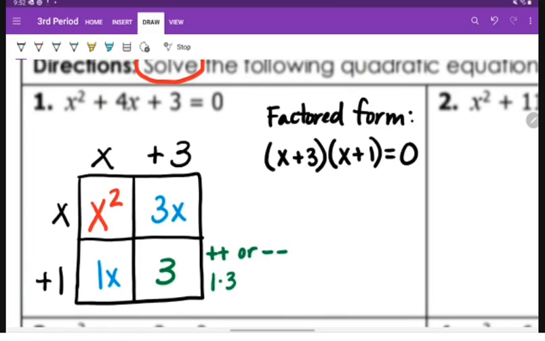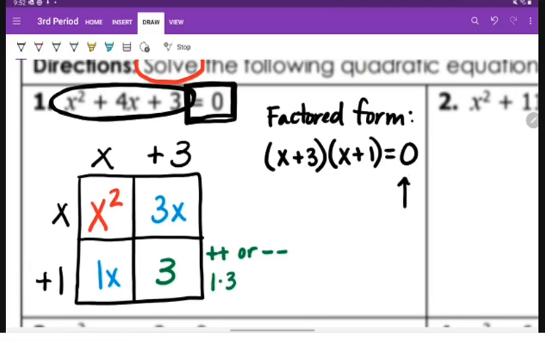So I just took this part of my quadratic equation and I turned it into a factored form. But notice we still have the equals 0 over here on the right. That stays there. We don't just get rid of that because we factored. That's still part of our equation.